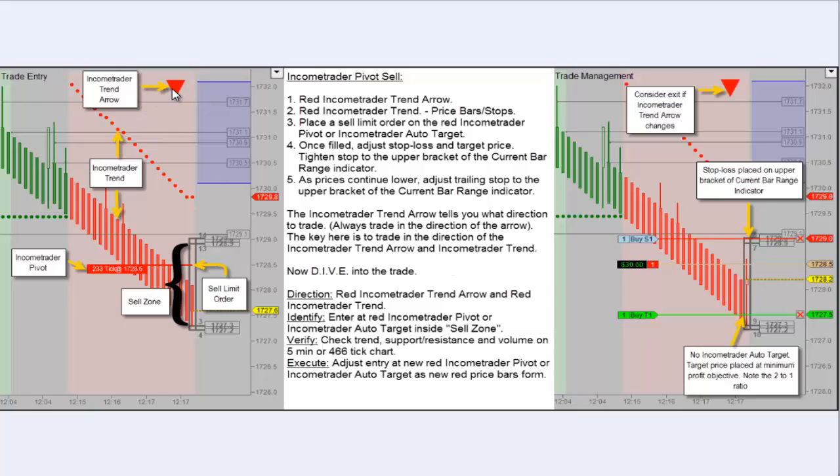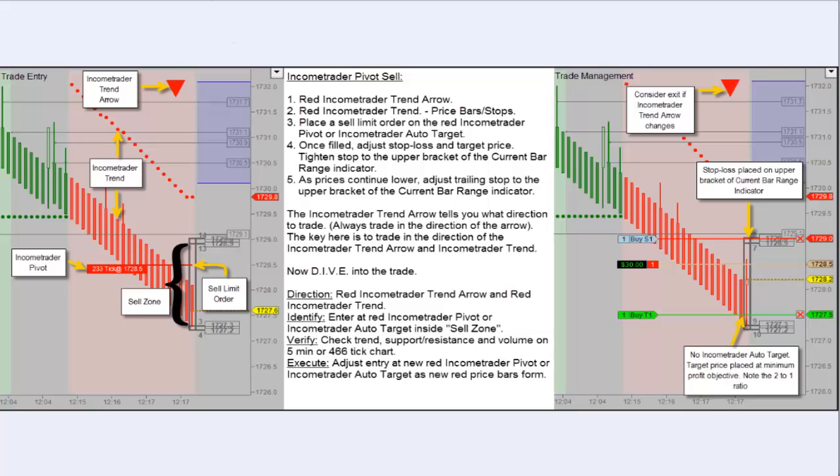I have a red trend arrow on the Incometrader trend. I have red price bars. Chances of the trade working out are extremely high. And then when I execute inside that sell zone at an Incometrader pivot and auto target, if the market moves lower, then I'll have to readjust my execution.